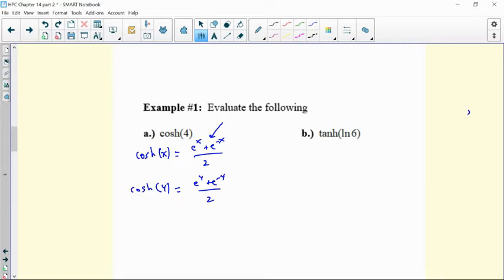Okay. Now, part B, hyperbolic tangent of natural log of 6. Similar idea, remember, we said that hyperbolic tangent is equal to hyperbolic sine over hyperbolic cosine.